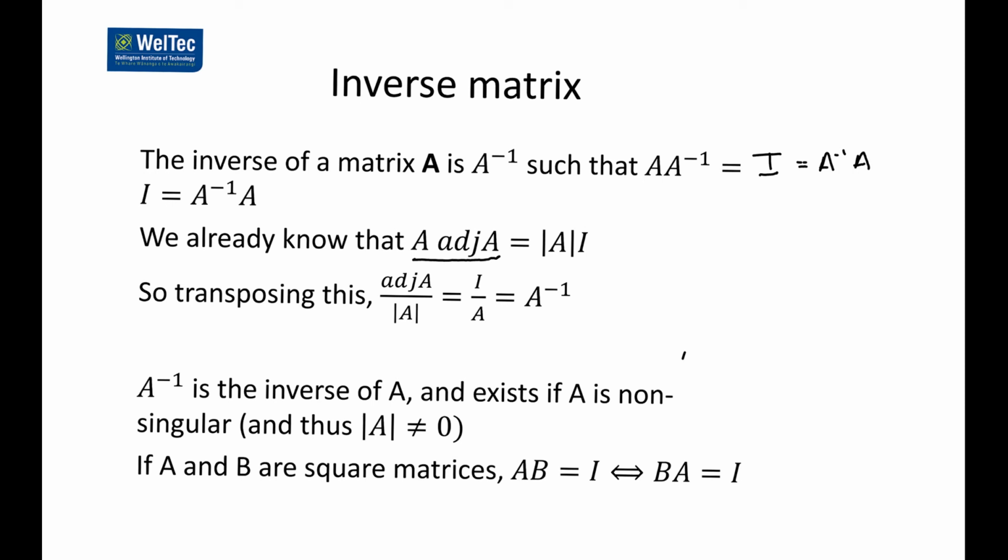So previously, let's look at 2, 3, 5, 4, 6, 1, 4, 0, I'll call that A, and the transpose of the cofactors we've already worked out.